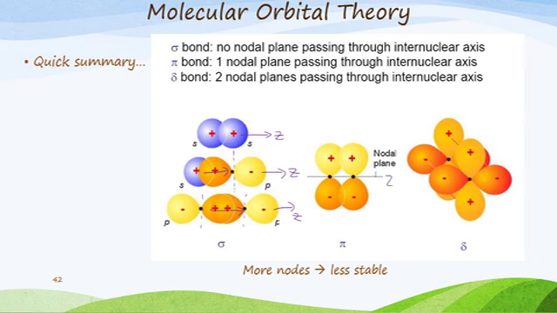Again, this is the Z-axis here, and we get sideways overlap over here and here. And then a delta bond is an overlap between two d orbitals, where you get two nodal planes passing through the internuclear axes. It's become very complicated to see, but what I want you to notice is you can tell me and explain to me about the s and p orbitals that overlap to form sigma and pi bonds.